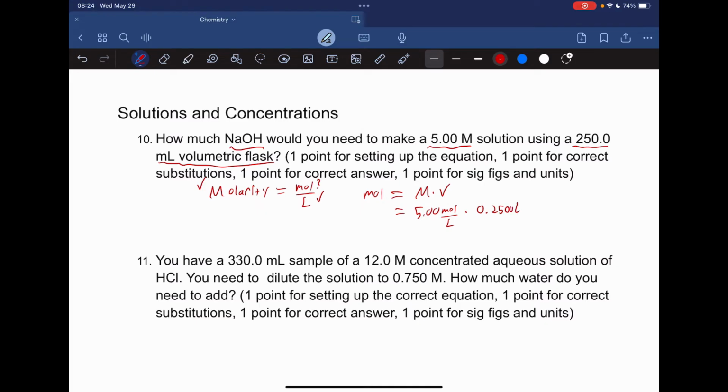And it's actually another 0 there, because there's 4 sig figs here. This is 4 sig figs, and this is 3 sig figs. So our answer will be in 3 sig figs. So 5 times 25, this should be around 1.25.